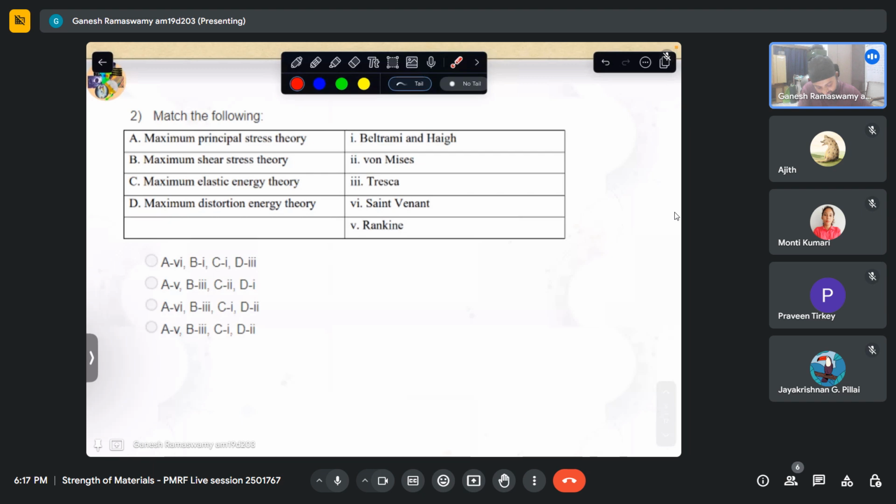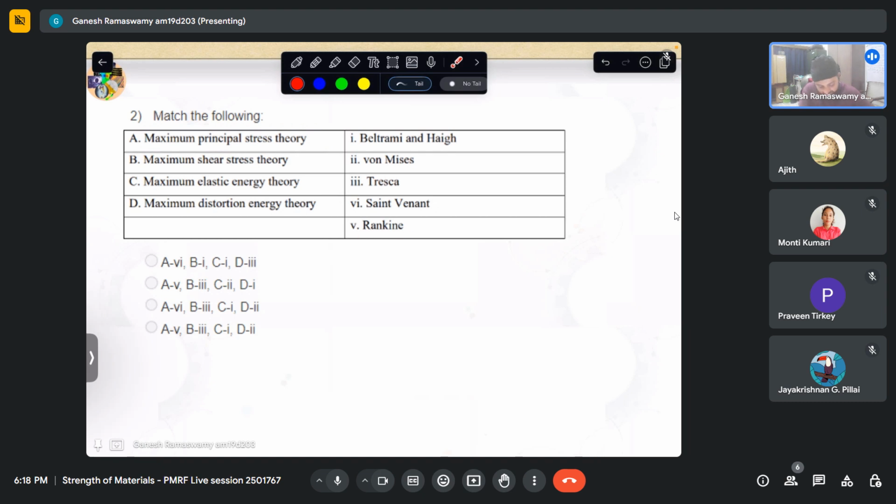Actually, maximum principal stress is the criterion which was used initially in the development of material science. So maximum principal stress was what was considered to be the governing criterion for quite a number of years before people explored more and found that there are pressure insensitive and pressure sensitive materials. So maximum principal stress was developed by Rankine.